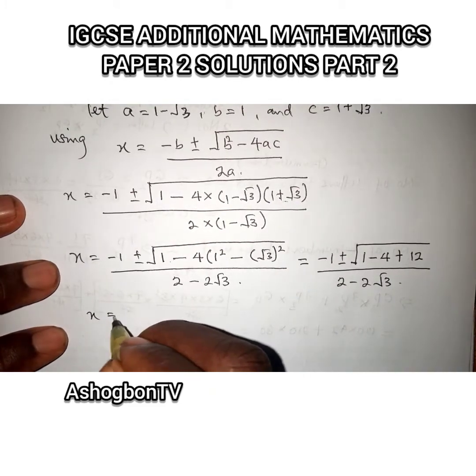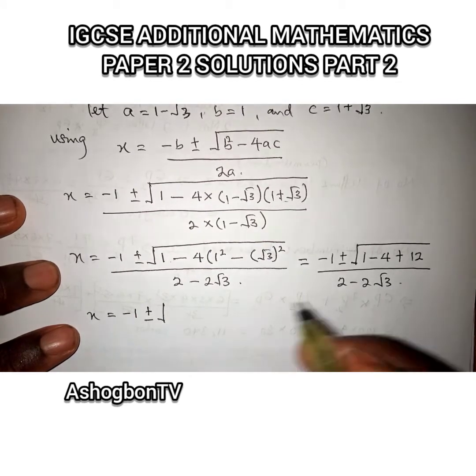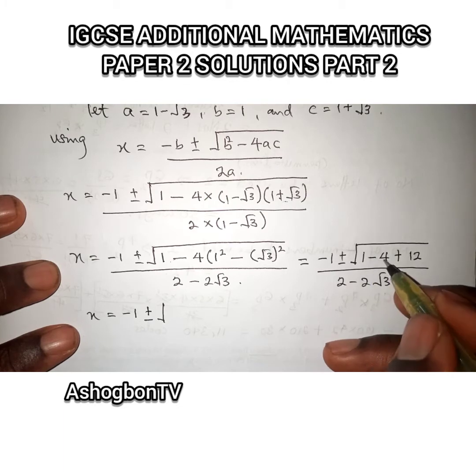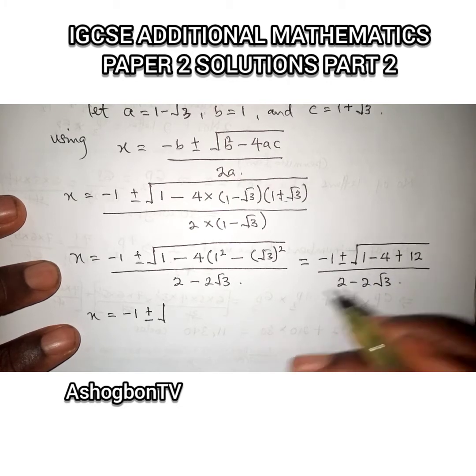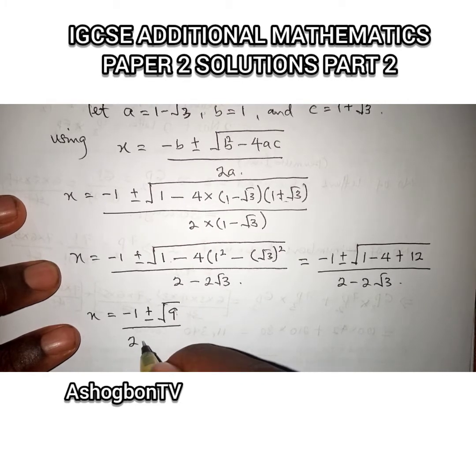So you have minus 1 plus or minus, and here you want to add all. Let's see, this is minus 3 and this is 9. So you have square root of 9 here, then divided by 2 minus 2 root 3.